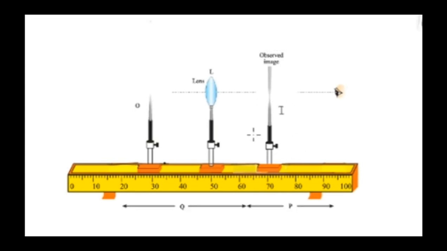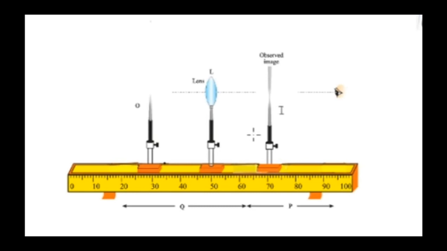After aligning the tips, or removing the parallax, we will measure the distance between the object needle and the lens. This distance will act as our object distance p, and we'll also measure the distance between the image needle and the lens.